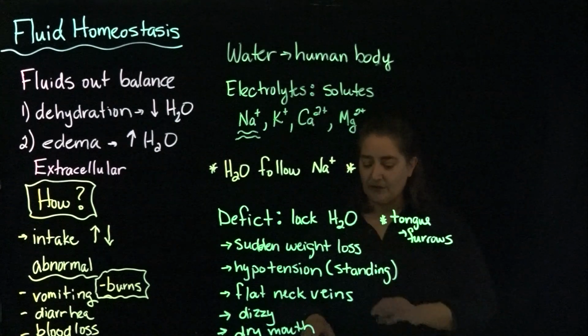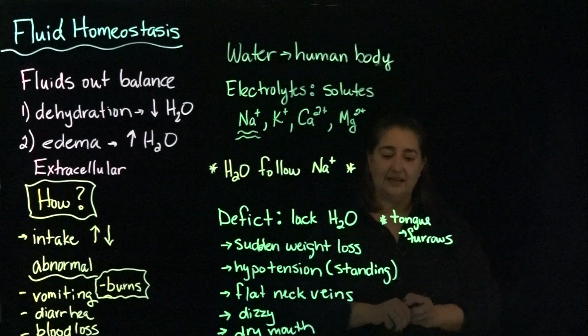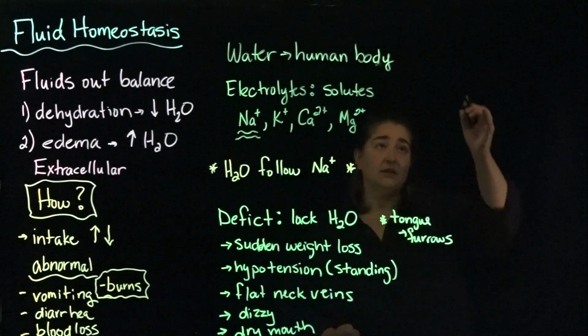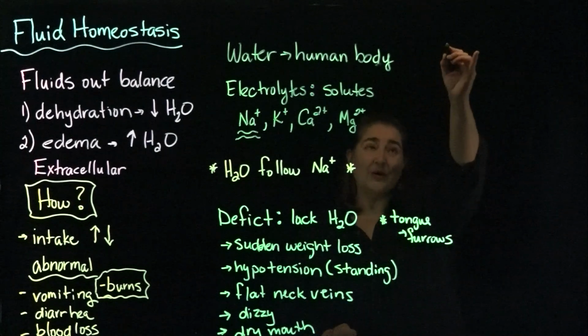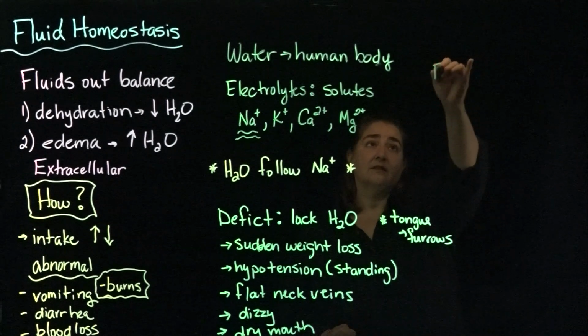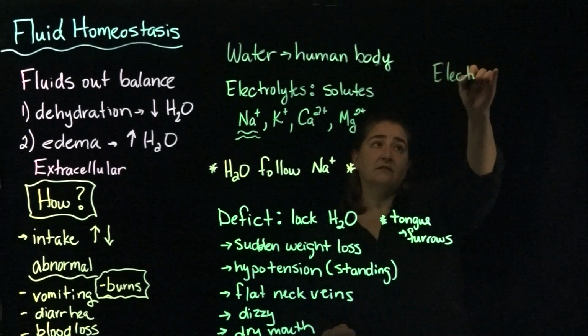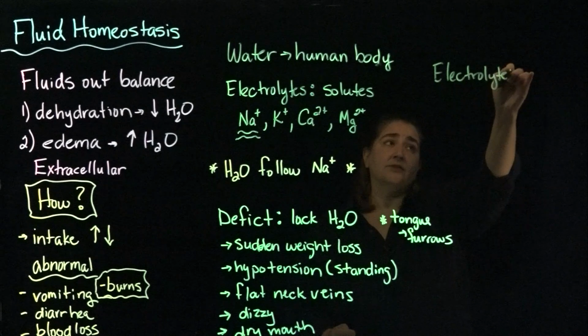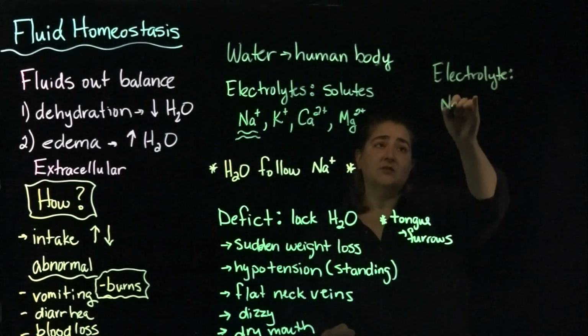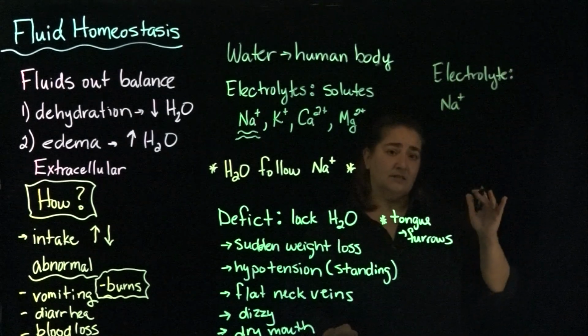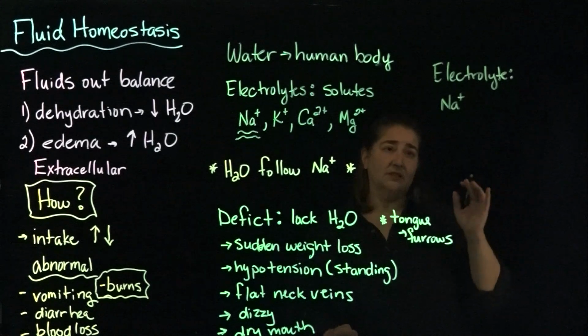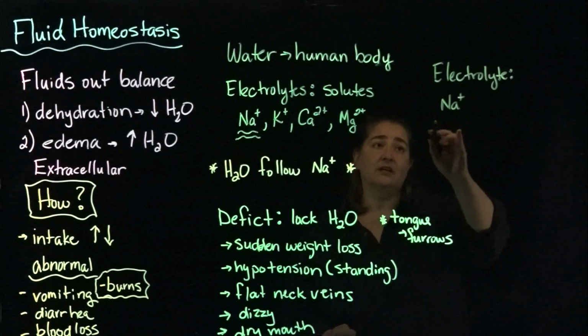So with fluid deficit, with dehydration, primarily the electrolyte that's out of balance here is going to be sodium. And the next video I have will go into this in a little more detail, okay?